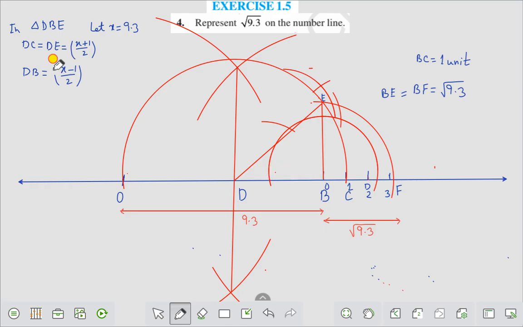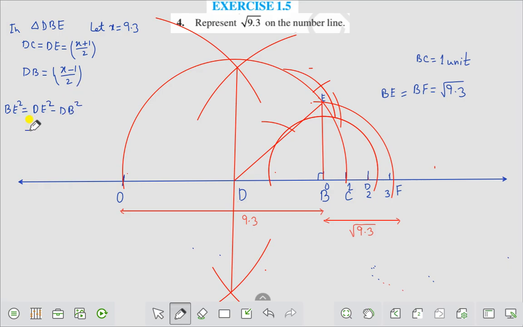Now we have to find this BE. According to the Pythagoras theorem, this is perpendicular, therefore BE square is equal to the hypotenuse DE square minus DB square.